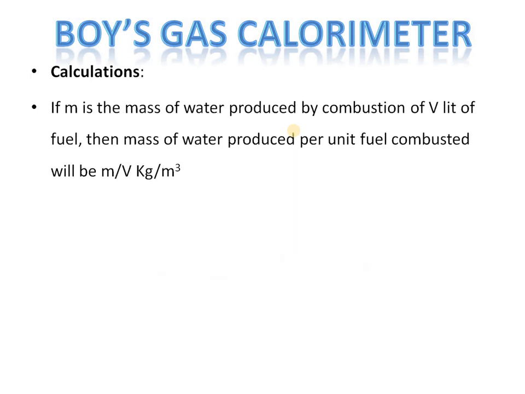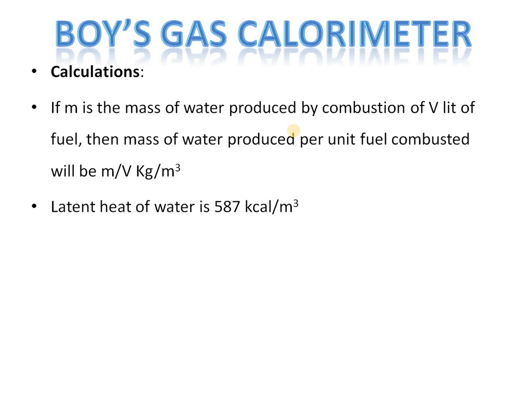Now we know that small m is the mass of water produced by combustion of V liter of fuel. Hence the mass of water produced by combustion of unit volume of fuel will be equal to m upon V kg.